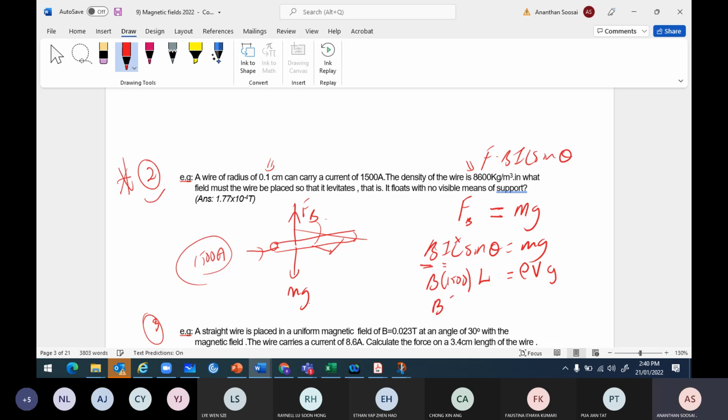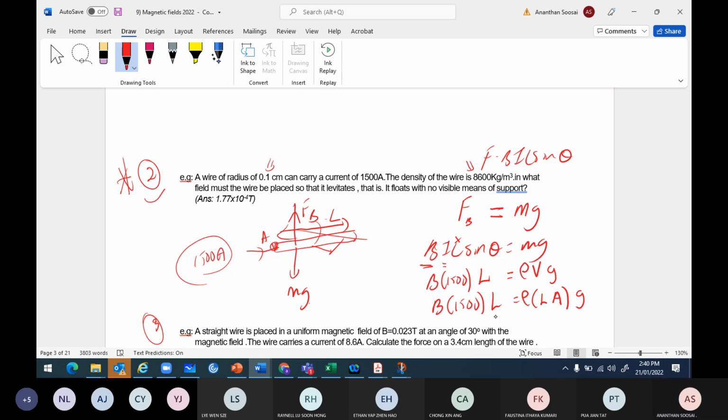Another conversion you can do is, for the volume, you can change to length. Because it's a wire, the cross-sectional area multiplied by the length of the wire will be the volume. So the volume we can convert to L times the cross-sectional area, times gravity.